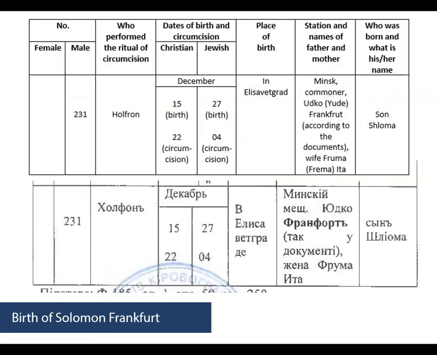And what you'll see here is that the dates on the left are for December 15th and 22nd. These are the Christian dates of the birth and the circumcision, because this is a little boy. And then on the right, the dates are the 27th of December and the 4th of, well, what would have been the new month for them.